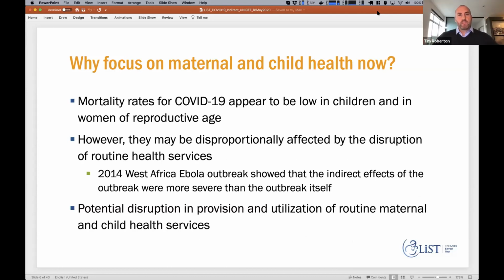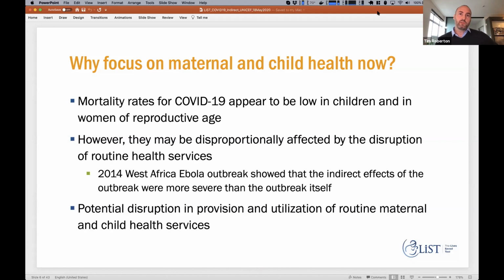So obviously that has been true in the past, and we thought that it may also be true now under the pandemic. And I think a lot of anecdotal evidence is suggesting that that is the case. So even though COVID itself affects children and women of reproductive age to lesser degrees than older people or other age categories, these people may be disproportionately affected by the disruption of routine health services.